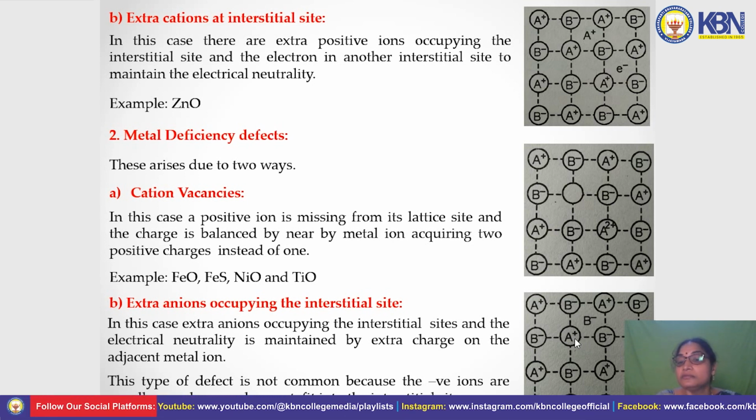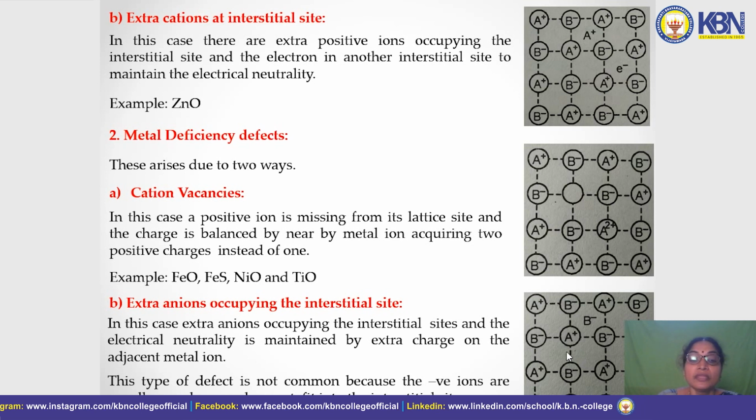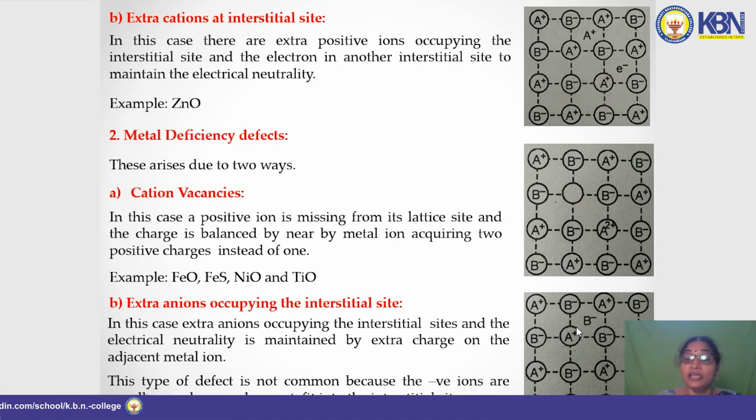In order to get electrical neutrality, another cation loses its electron and forms a dipositive ion, so that the number of positive and negative ions becomes equal. This type of defect is not common because the negative ions are usually very large, so they cannot fit into the interstitial site. That's why these kinds of defects are very rare.